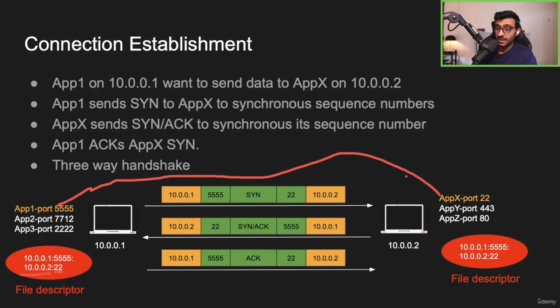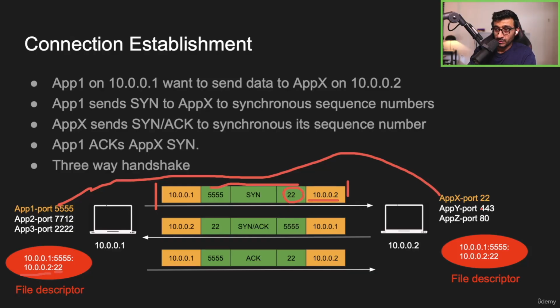How do we do that? Well, you need to do a connection establishment, and this is how it looks in an abstracted way. This is the IP packet, and inside it there is the TCP segment, which has the destination port 22, and we have the destination IP 10.0.0.2.